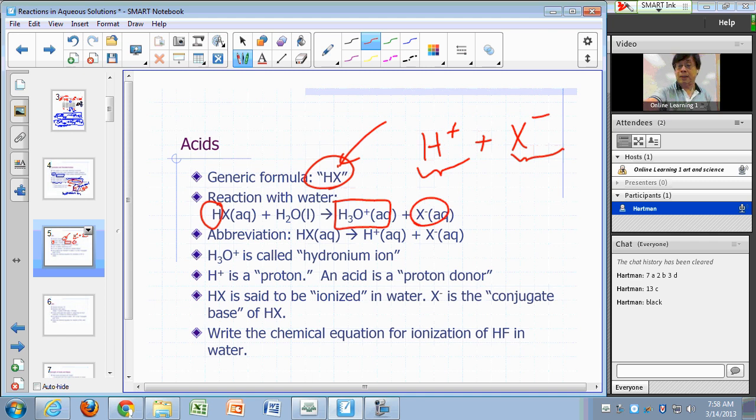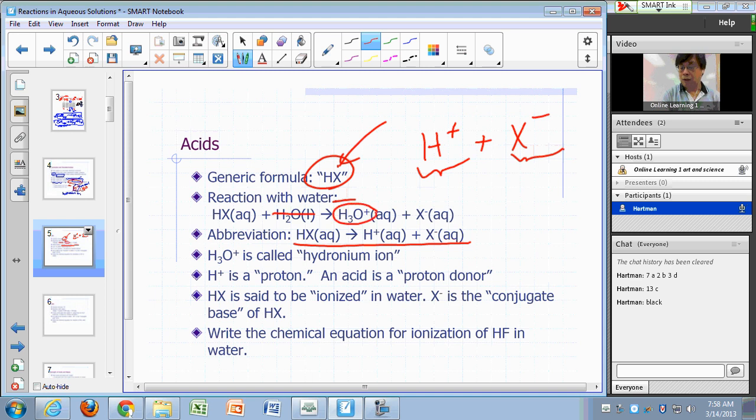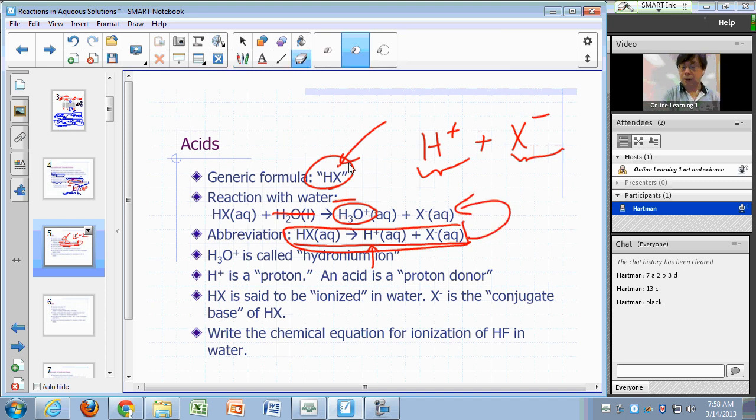Okay, so this is the reaction with water, and we can abbreviate that reaction by writing it this way. You can omit the water, and instead of writing H3O+, you can write H+. So this reaction is really just an abbreviation for that more complete description of what actually happens in water.